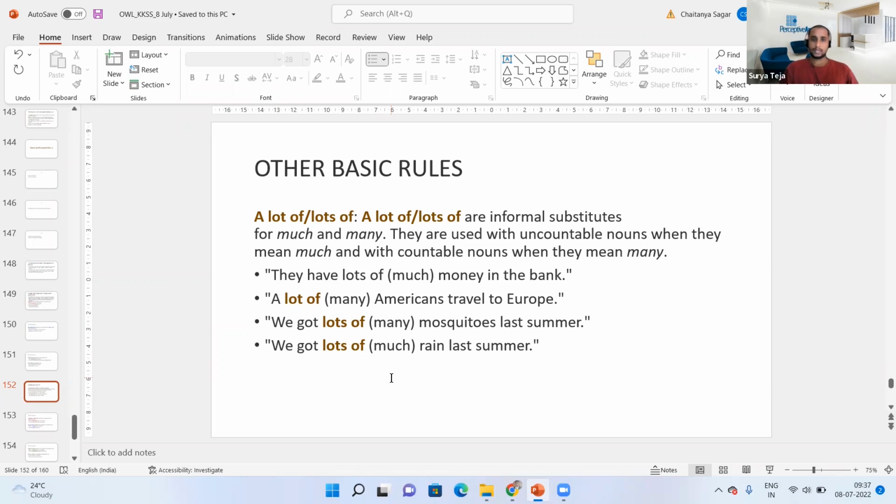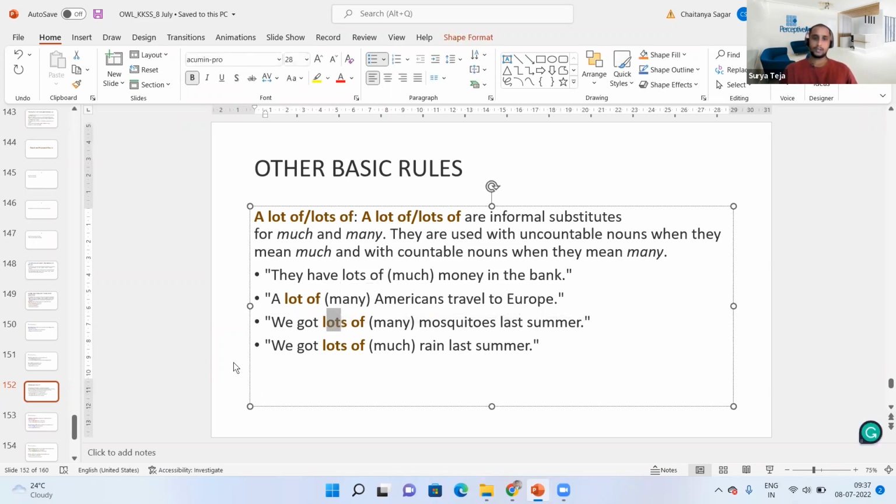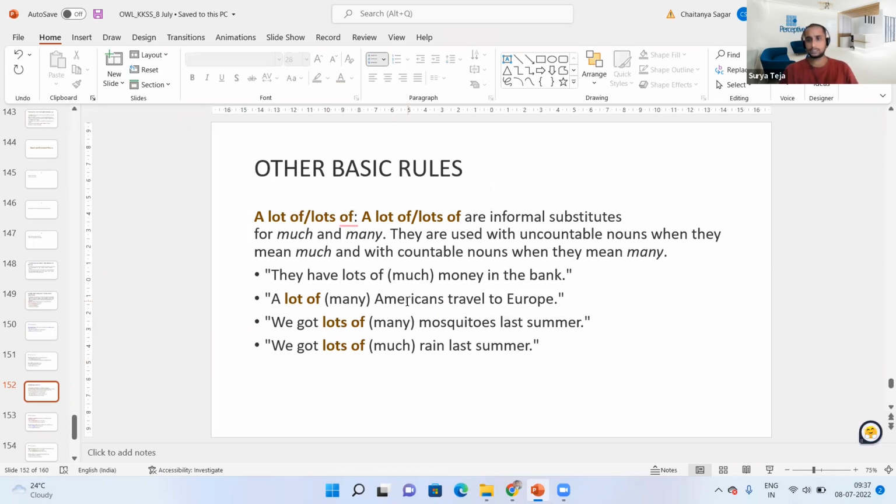Lots of is suitable for uncountable nouns, but very few such situations come where we can use both of them. But in general, a lot of is used for countable nouns and lots of is used for uncountable nouns. Both of them are informal substitutes of much or many.